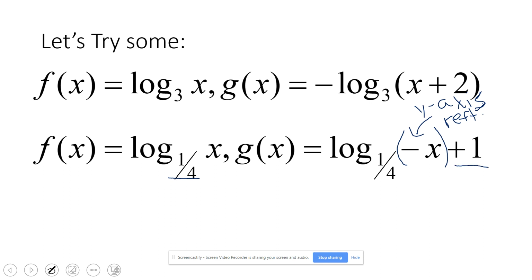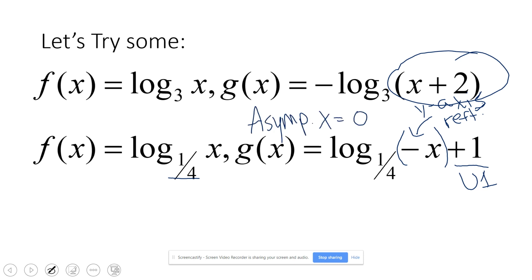And then remember, this plus 1 was not originally grouped in with the x like our first example. So this is going to be up 1. Because that is up and not left or right, our asymptote is going to stay at x equals 0. It's not going to change.